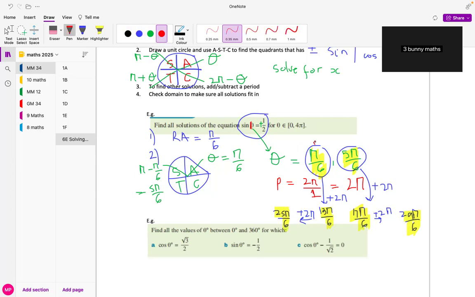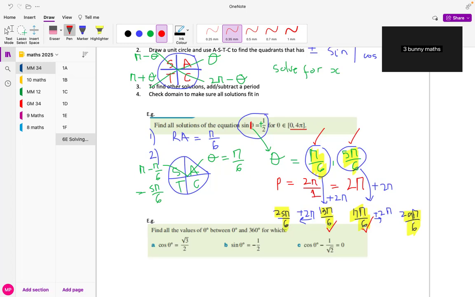pi over 6 fits in the domain, 5 pi over 6 also fits in. 13 pi over 6, 6 goes into 13 twice and a bit, so 2 pi something, that fits in. 17 pi over 6, that also fits in. 25 pi over 6, if you do 25 divided by 6, you get 4 point something.